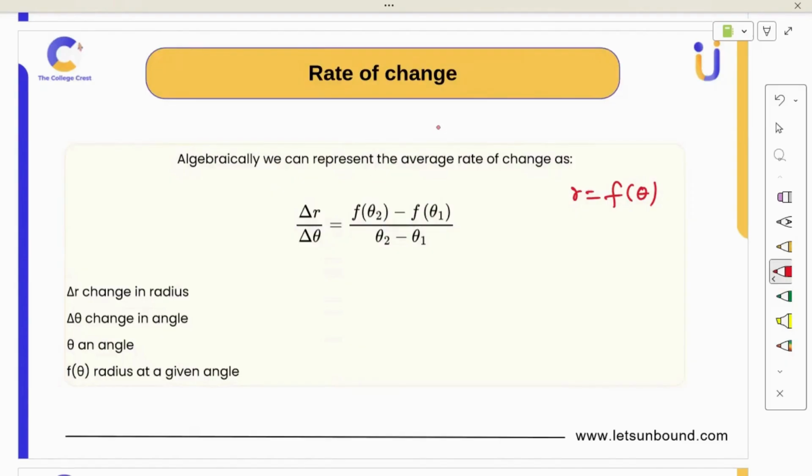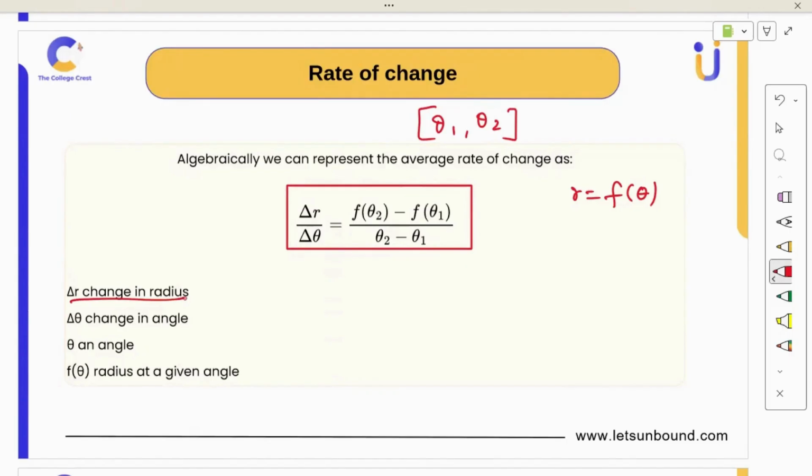If it's theta 1 comma theta 2, and you're solving for average rate of change, it is f of theta 2 minus f of theta 1 divided by theta 2 minus theta 1. It's very much relatable to what we learned in our regular coordinate system. Right, so what is del r? Change in radius. Del theta is change in angle. Theta is just an angle. f of theta is the radius at that particular angle. Very simple formula.